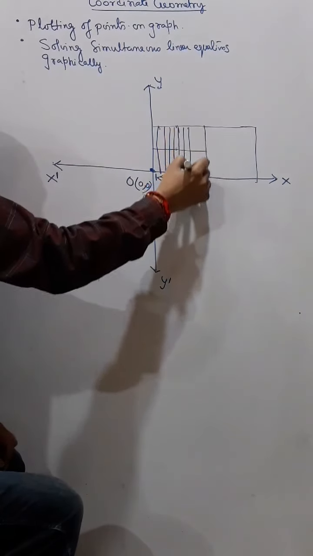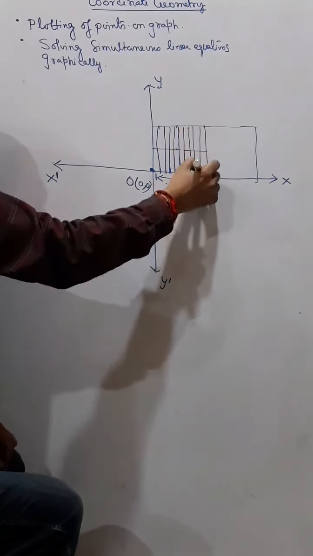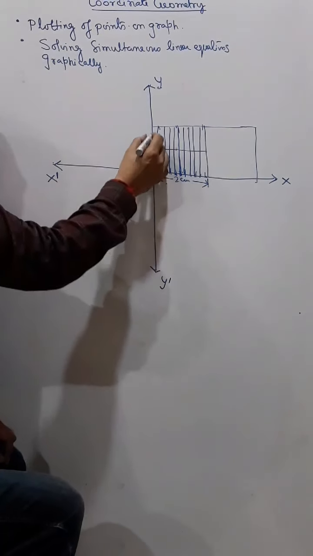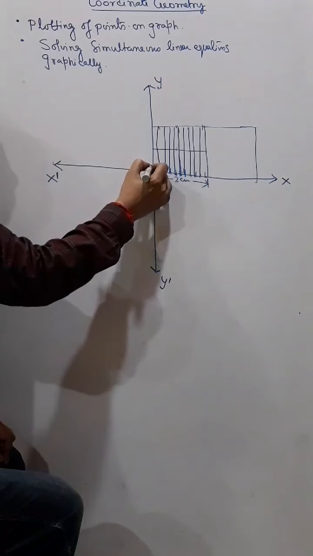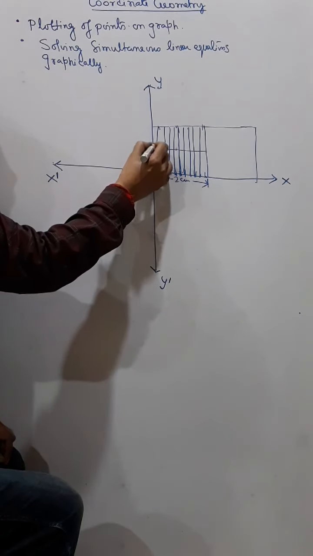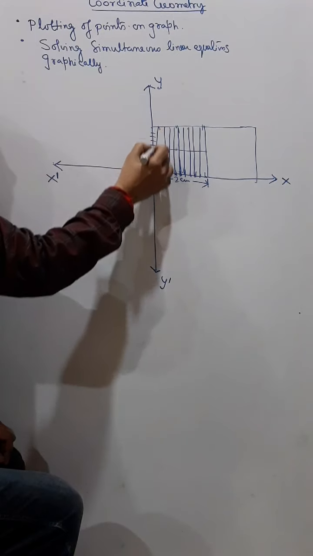So you will find the graph like this. And here also the same thing, here also you will have 1, 2, 3, 4 and 5, and again 1, 2, 3, 4 and 5.